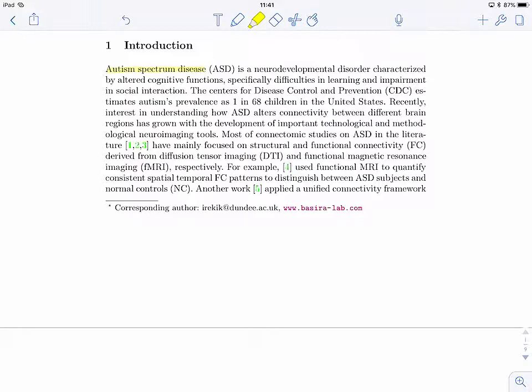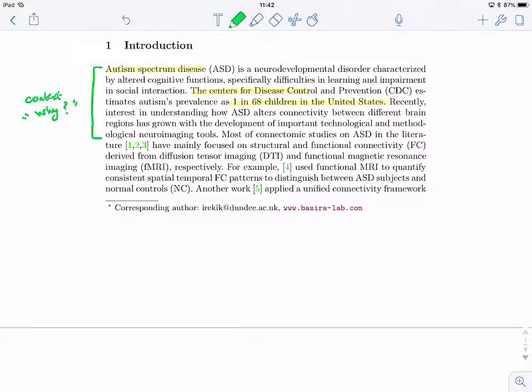So this is all context for why this is an important problem to solve. So one in 68 children in the US get affected by ASD. So this is just the beginning. It's just context and the why this is an important problem to solve.